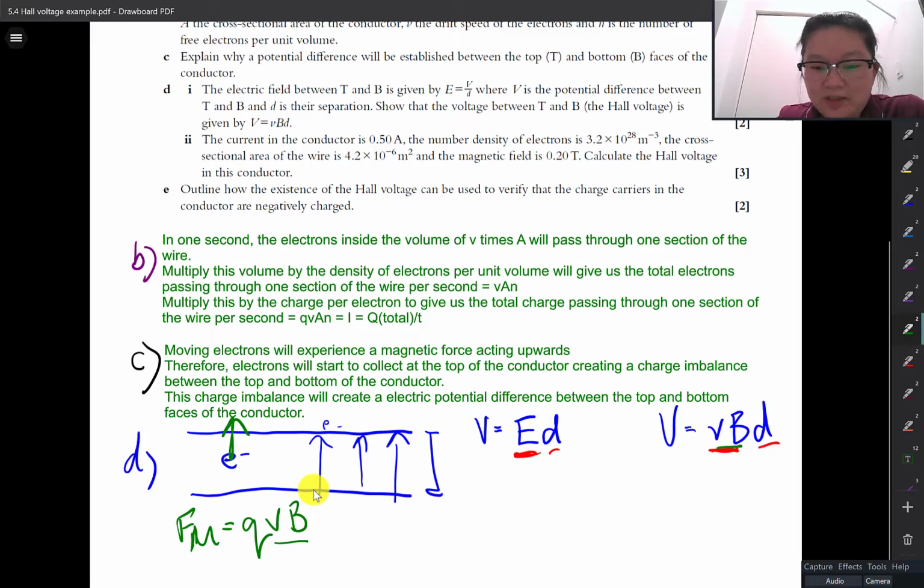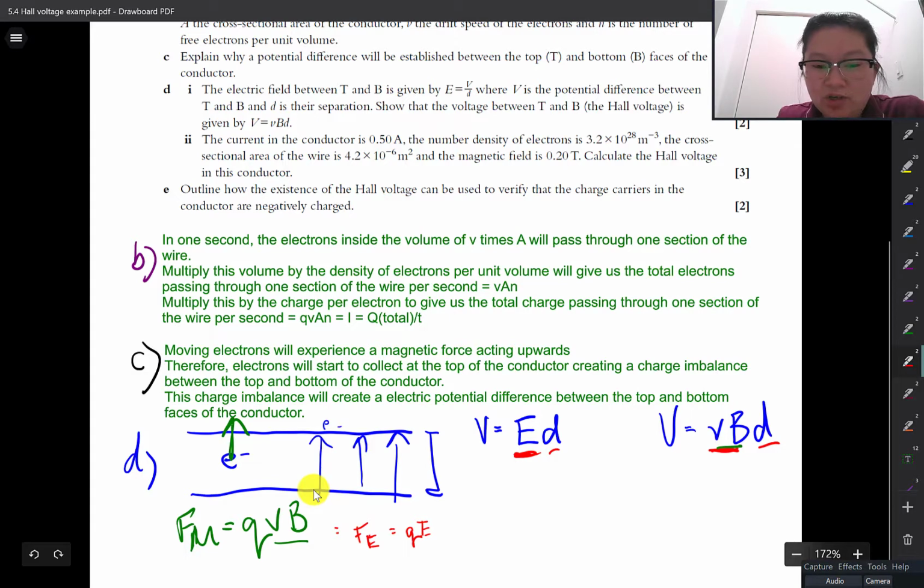And we know this electric field is used somewhere as well. So somehow there must be an equation that relates the magnetic force acting on this electron and the electric force acting on this electron. You might think, well, could they be the same? Meaning that this is going to be equal to the electrostatic force, which we know is the charge times the electric field.